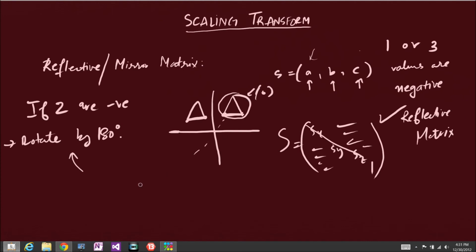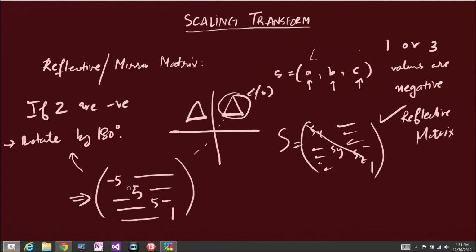For example, in the previous example, if we had a scale by 5, let's say the first one was -5, the second one was 5, and the third one was 5 as well. This one's 1, and all the other ones are 0.